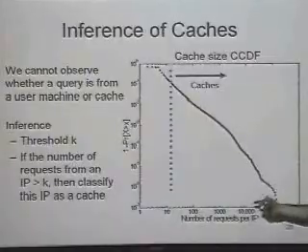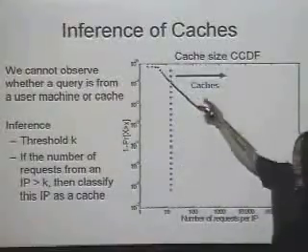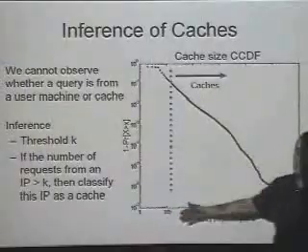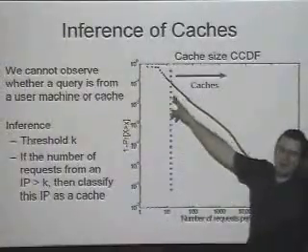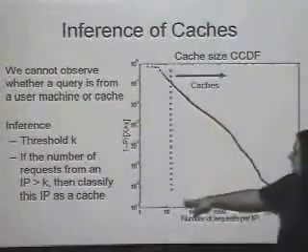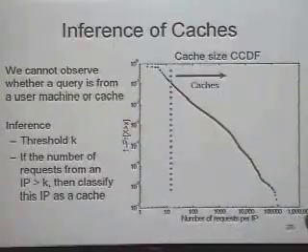And so what you can do is classify on this basis. Classification would mean drawing a threshold, and whichever IP has a number of requests larger than the threshold, you may suspect that it would be a cache or something that covers more than one user. Right.